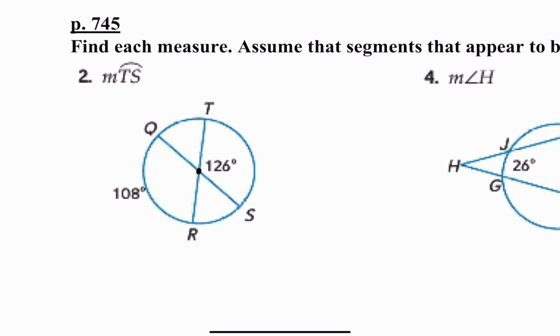Now, to figure out how long TS is, we need to just look at the angle. So we have this given angle. It's 126. This angle is equal to this arc plus this arc all over 2. Okay, we just look at the angle, and then we look at that angle and see what are the arcs close to that angle, if that makes sense, or like next to, if that makes even more sense.